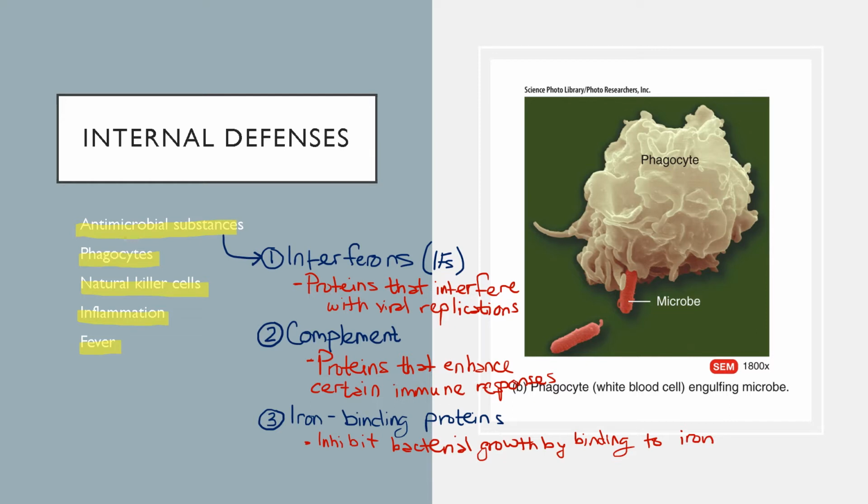We will talk about each of these individually too, but this is just a quick overview. Well, we'll talk about complement for sure, but these are just an overview of the rest of them. Our last one is antimicrobial proteins, also abbreviated AMPs. These are short peptides that have a broad spectrum of antimicrobial activity.